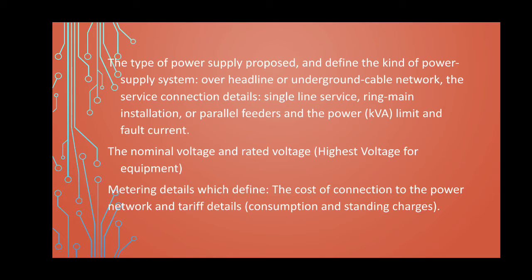For the parallel feeders and the power KVA limits, those things are also required for the electrical power systems. The normal voltage and the current carrying capacity are decided with that electrical substation. Metering details depend upon the cost of the connection to the power network and the tariff details. So that depends upon the meter systems.